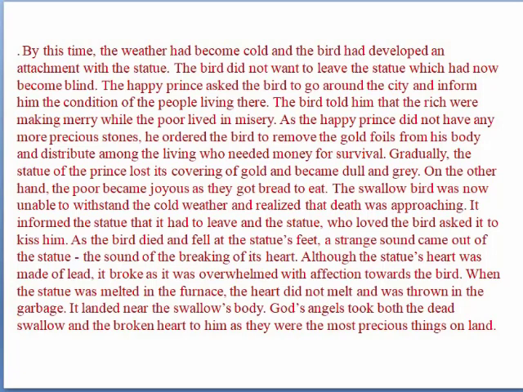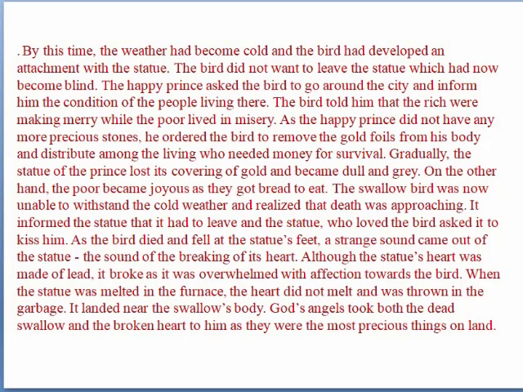The happy prince asked the bird to go around the city and inform him the condition of the people living there. The bird told him that the rich were making merry while the poor lived in misery.